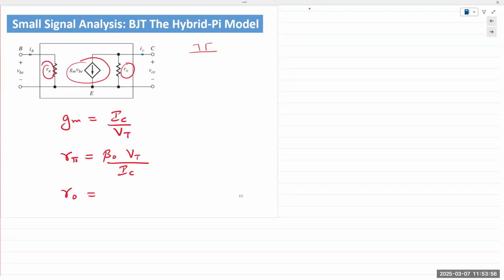And ro, output, is 1 over go, which is the early voltage VA plus VCE over IC. And compared to the early voltage, VCE is far smaller, and so VA over IC.